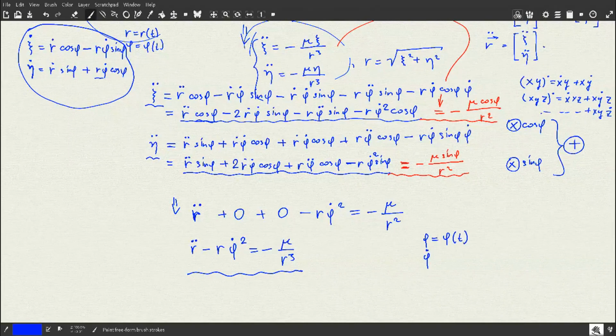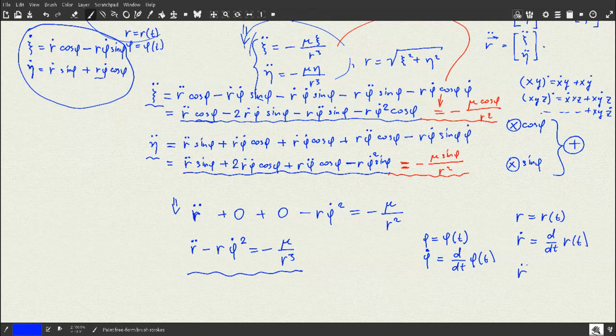But for the moment, we just say that phi is phi of t. And by phi dot, we simply say it is the derivative of phi of t. It is an unevaluated symbol. We don't know whether it is a sine or cosine or whatever. In a similar way, r is r of t. We simply say r dot is the unevaluated derivative of r of t.